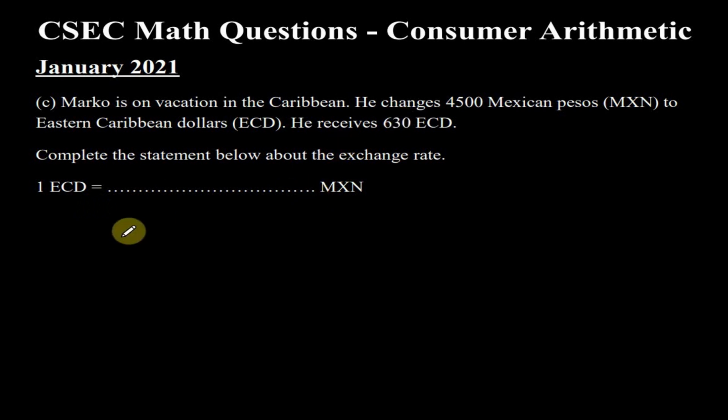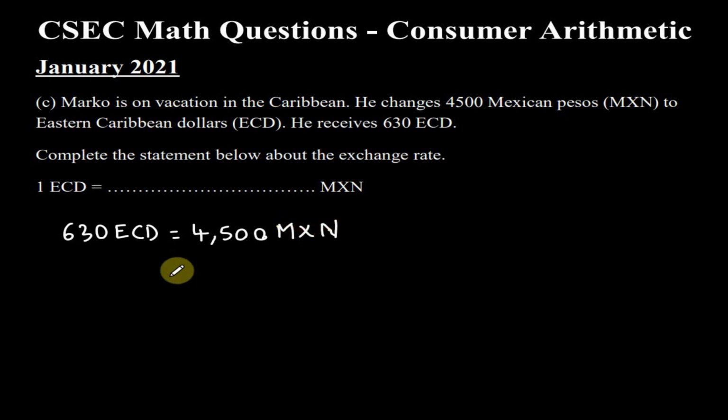Now it's very easy for us to find the exchange rate, guys. We know for this 630 Eastern Caribbean dollars, he would have gotten the equivalent of 4,500 Mexican pesos, which is denoted by MXN. So there we go.